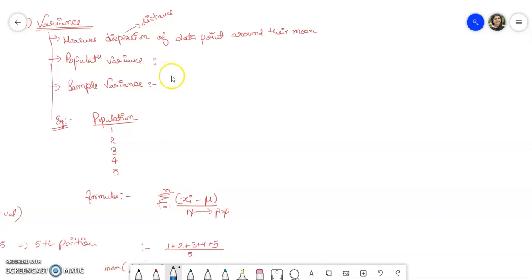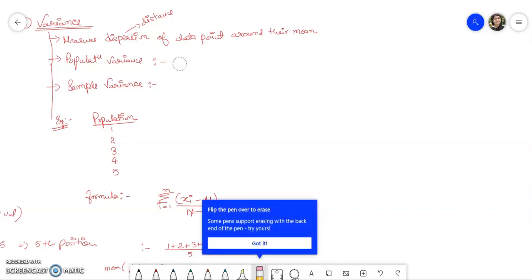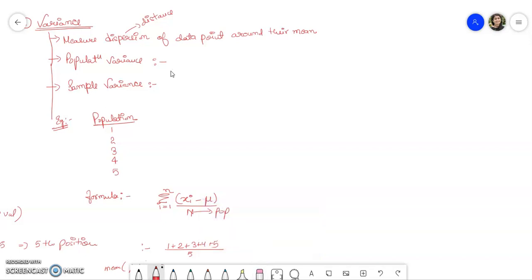The formula for the population variance is very simple, no major changes. So I'll write it with the red pen.